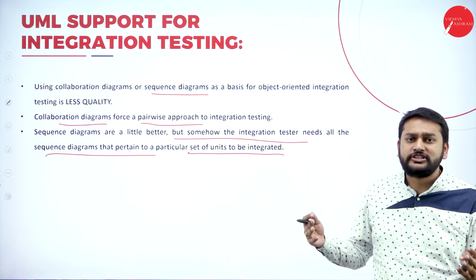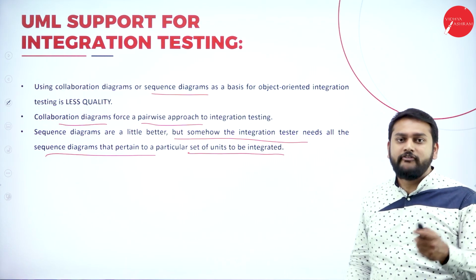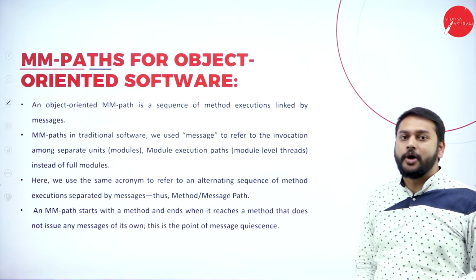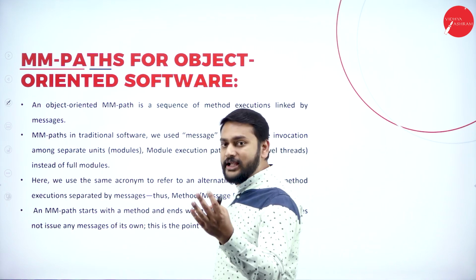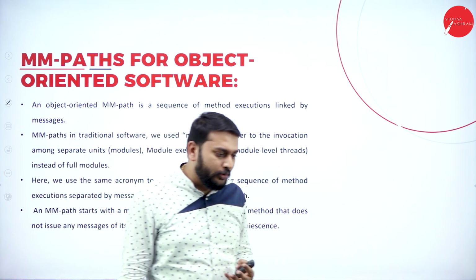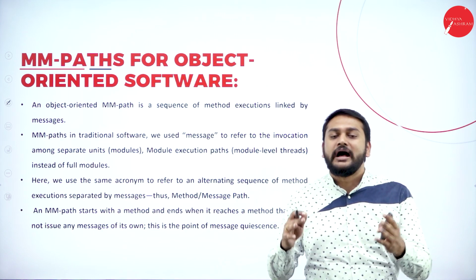So fine, then how do I solve this problem? Guys, I have a concept called path for object-oriented software. When it comes to the path, you all know what exactly the path is all about.